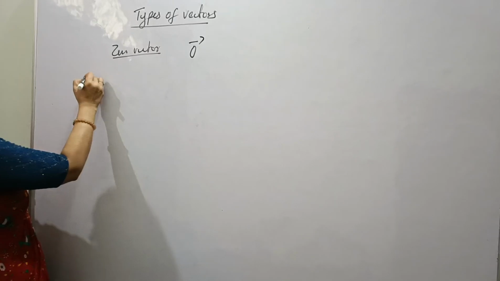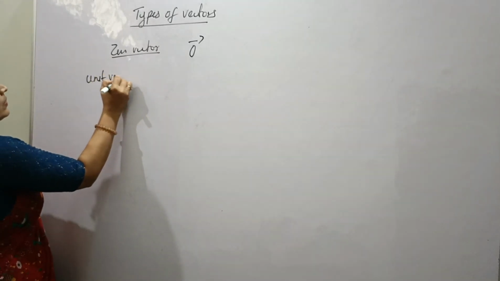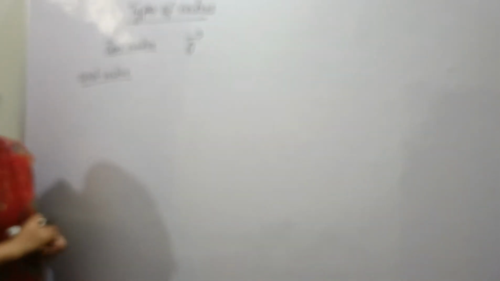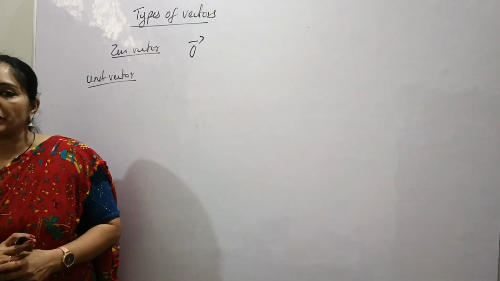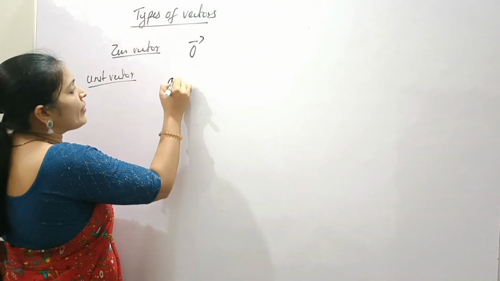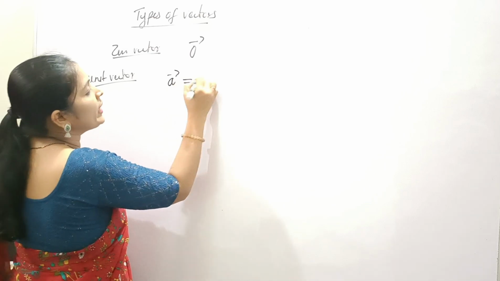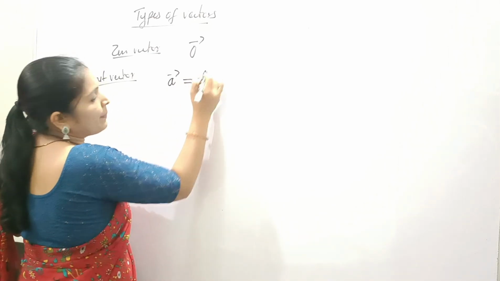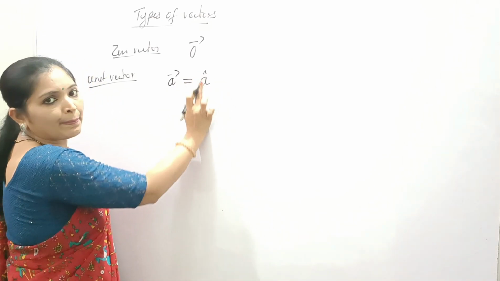Next is unit vector. A vector which has magnitude 1 is called a unit vector, and the unit vector of vector A is denoted by A cap, read as A cap.